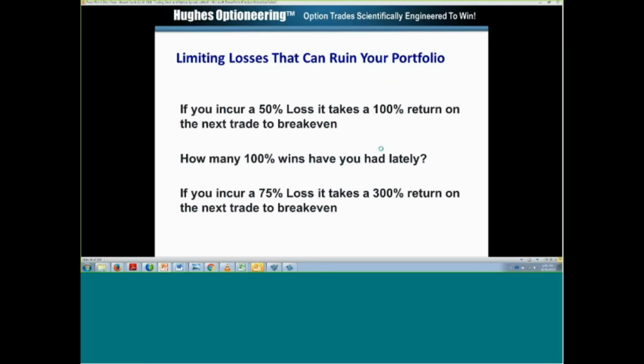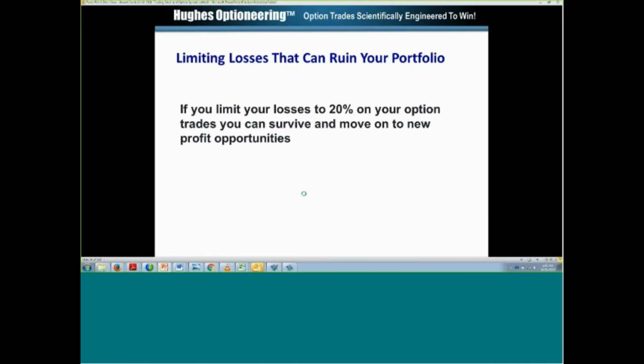And how many 100% winners have you had lately? So the point with this money management is to cut your losing trades short pretty quickly and to let your winning trades run. And of course, if you incur a 75% loss on your option, then you need a 300% return on your next trade just to break even.